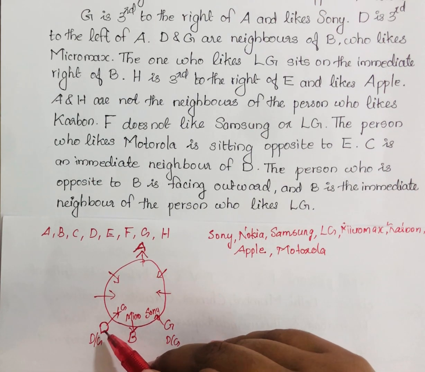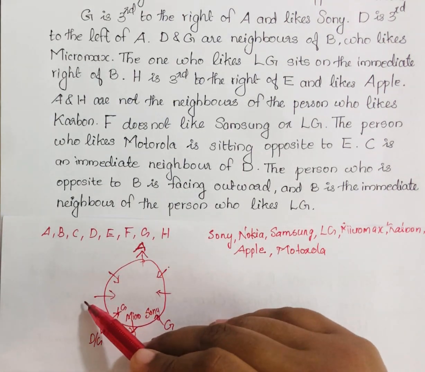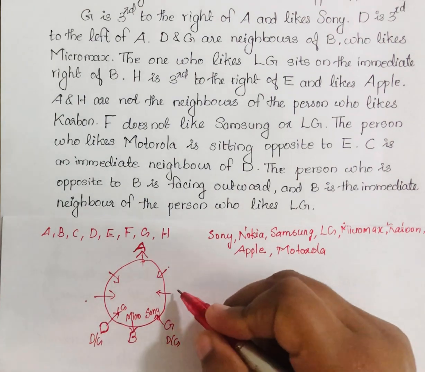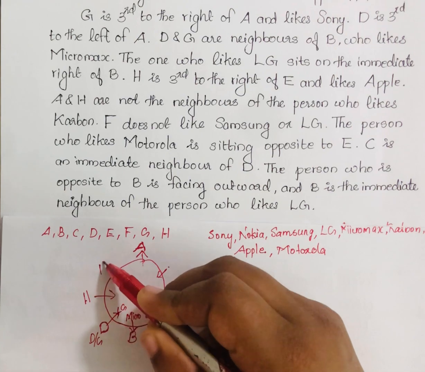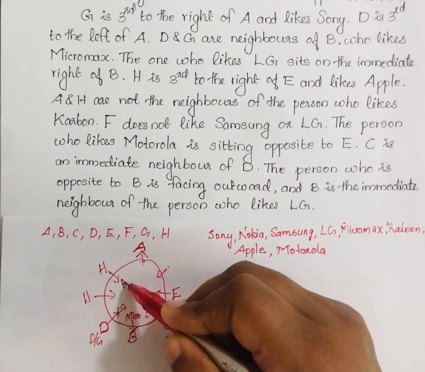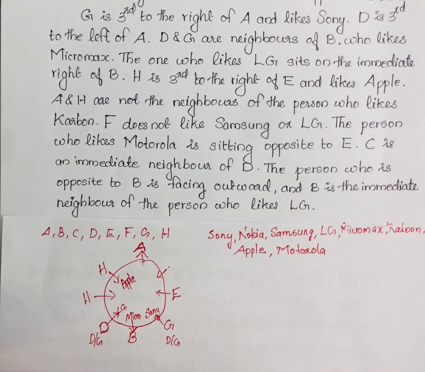So Motorola cannot be sitting opposite to E. So E here, H here, that possibility we can rule out. So E here, H is here, H likes Apple. First, second, third, right is Apple.